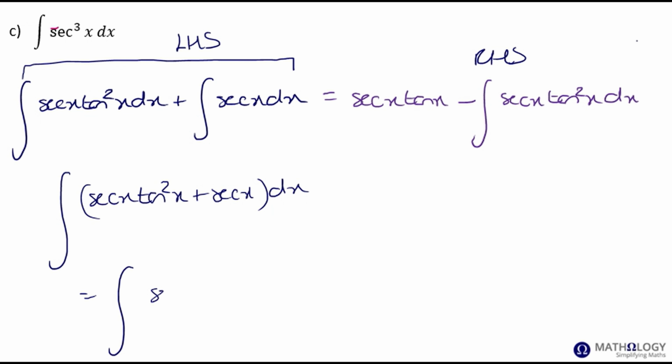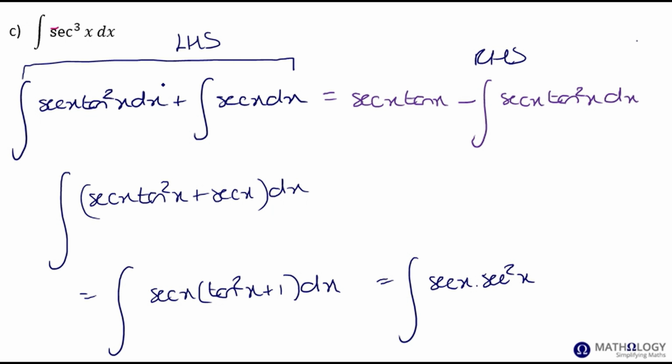And that's the integral of sec x times tan squared x plus 1 dx. The tan squared x plus 1 is sec squared x, and sec x times sec squared x is sec cubed x.